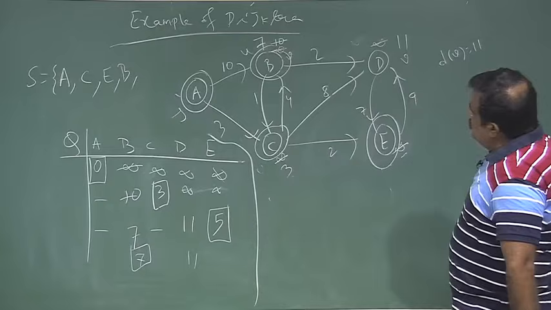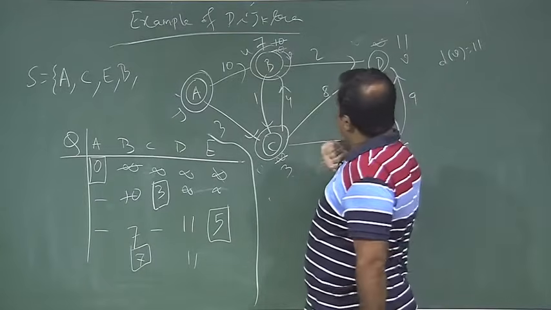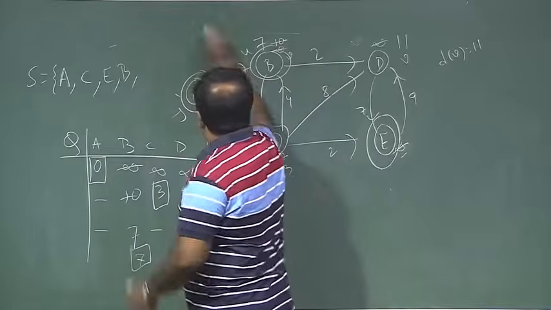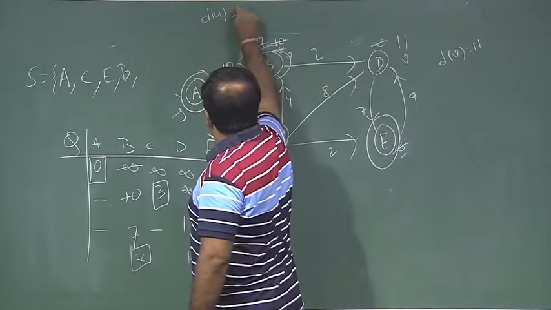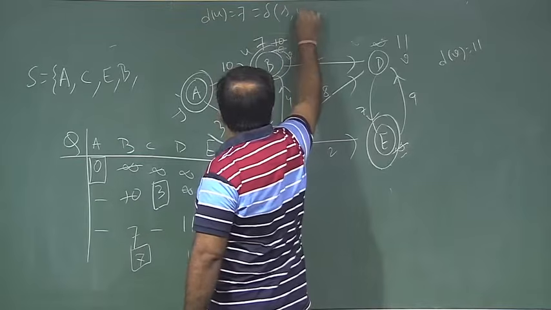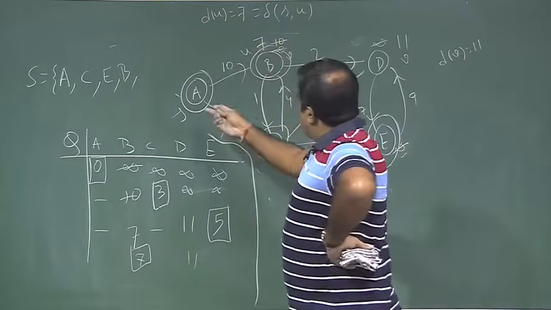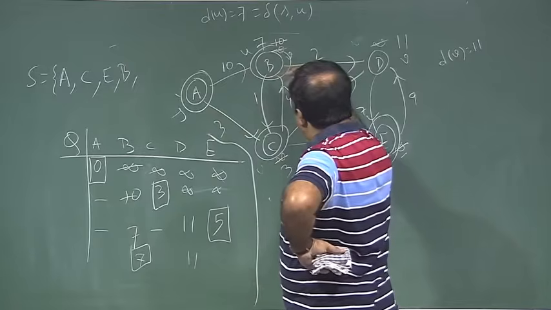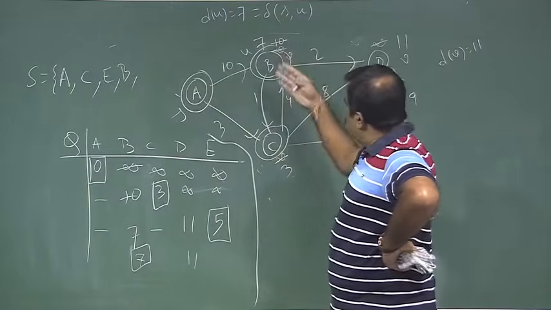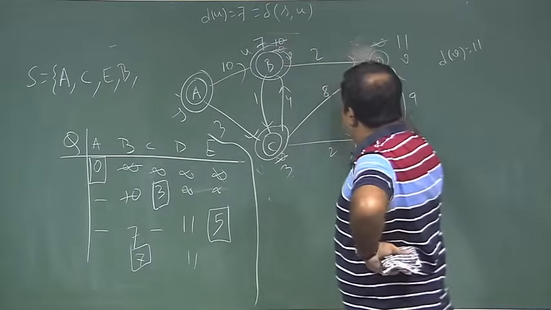Okay, so now this is our U, which is 7. Now d of U is 7, which is delta of S comma U. So that means from S we have a path and that is the shortest path. We have a path from S to U with a cost of 7.